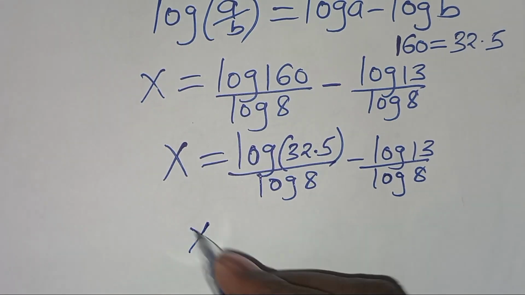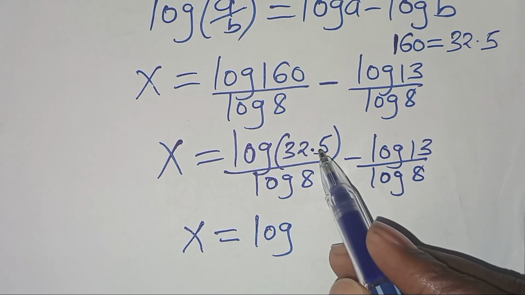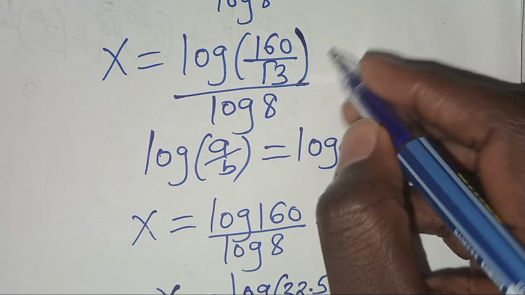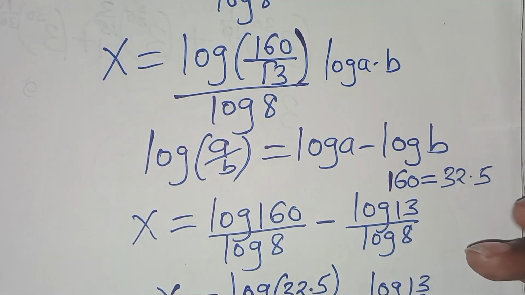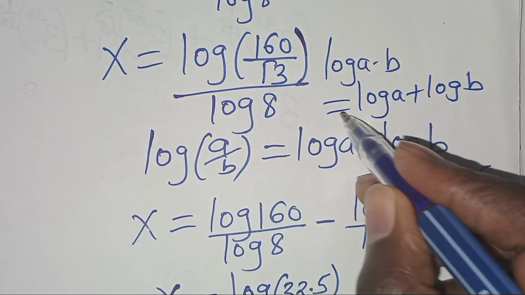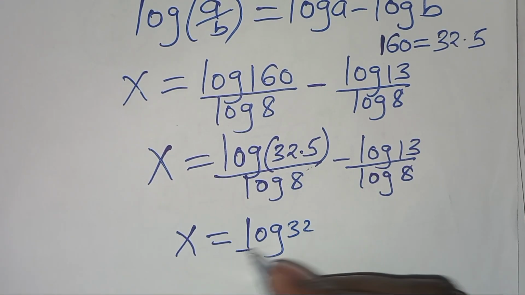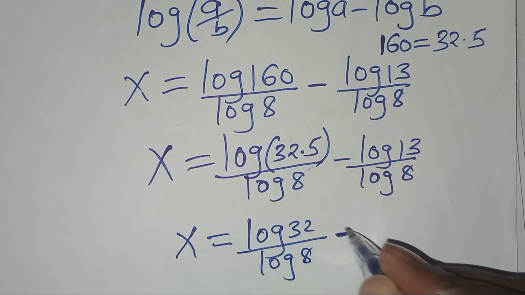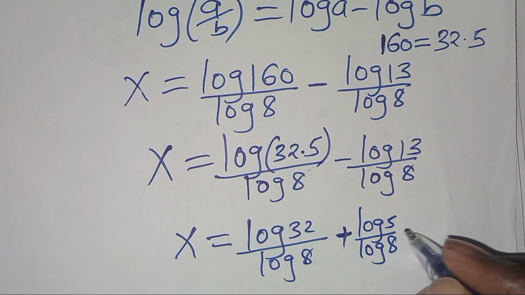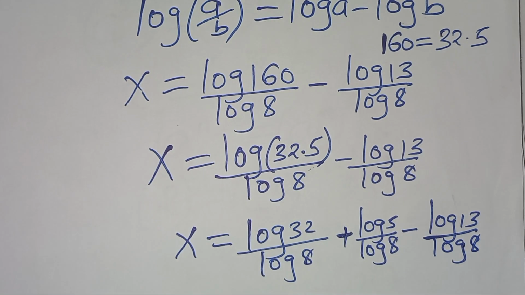The next step here, we have x equal to log of 2 times 5, which is in the form of log a times b, which we can express as log a plus log b. So applying this logarithm property, here we have log 32 divided by log 8 plus log 5 divided by log 8 subtract log 13 divided by log 8.